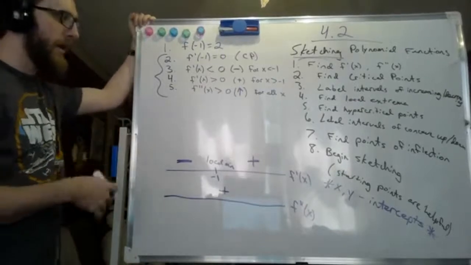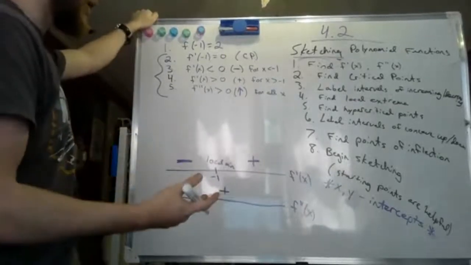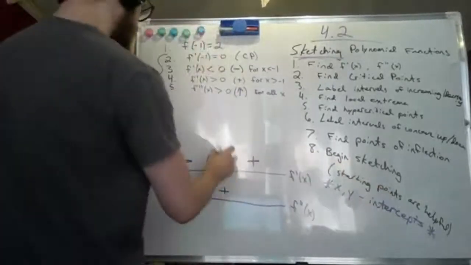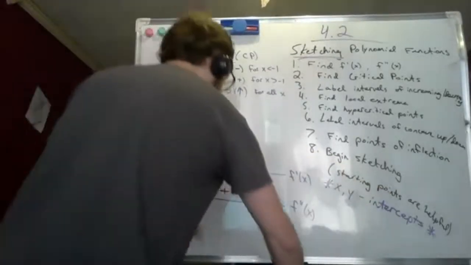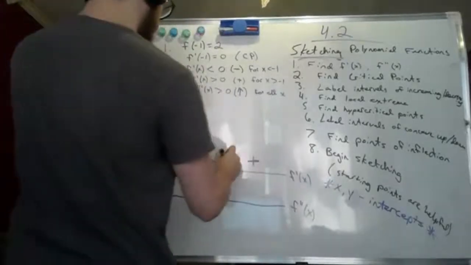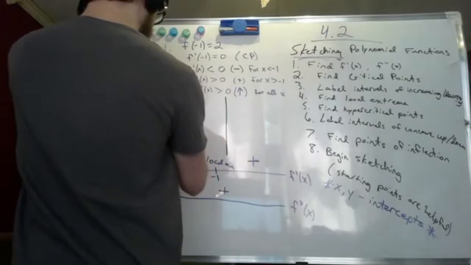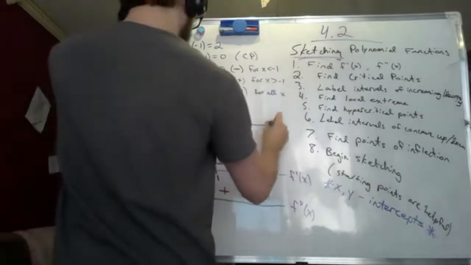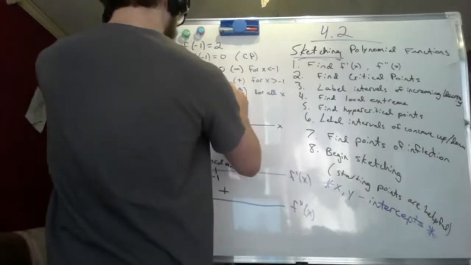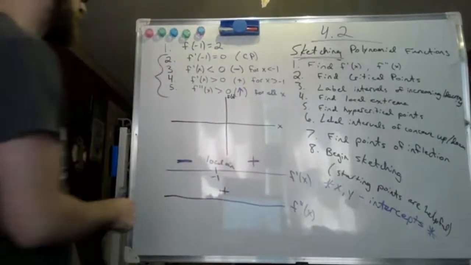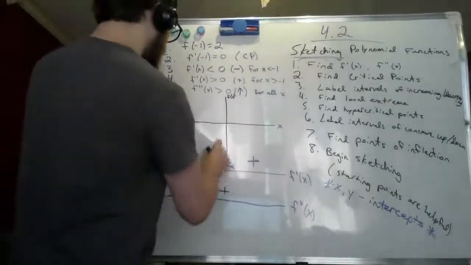Going on to step 8, we're ready to start sketching. Starting points are helpful. Okay, so here let me use a different marker for contrast. So here's our line. Here's x. Here's f of x for the y-axis. Let's see, we've got a point at -1.